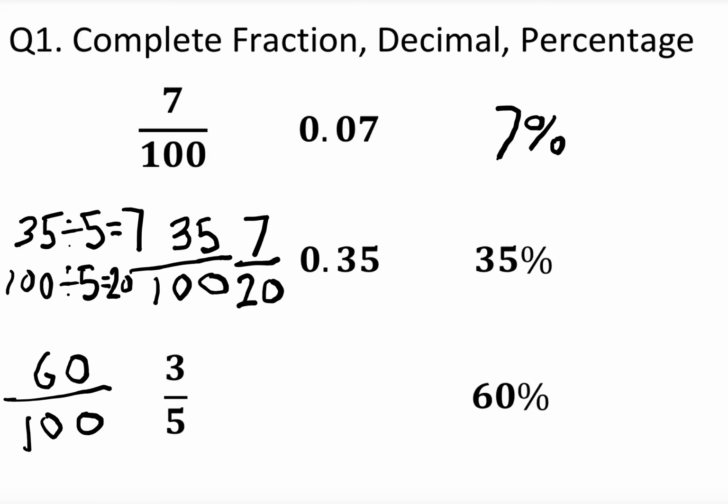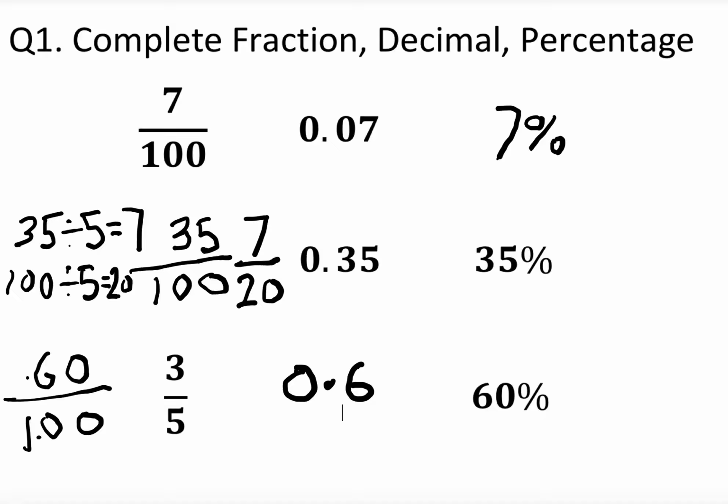So if you can imagine the decimal point being between the 1 and the 0, if it was a decimal, the decimal point above would be there. So basically, the answer would be 0.6.